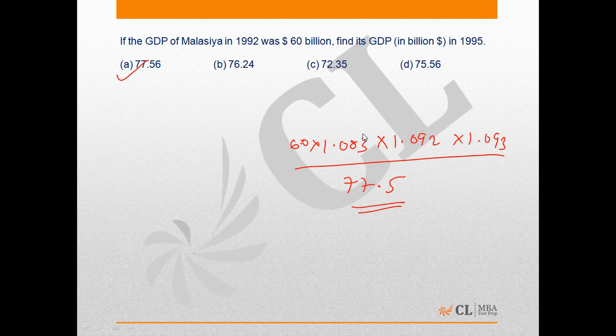Here, one thing that we can do, instead of going for this cumbersome calculation, is to look at the percentage growth. These rates are 8.3, 9.2, 9.3.